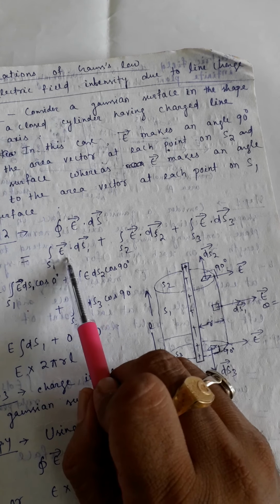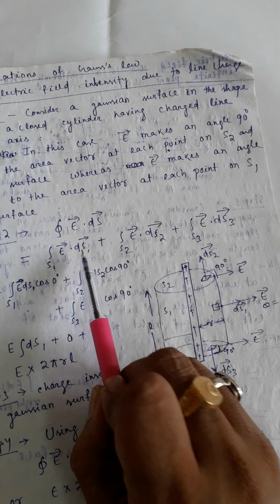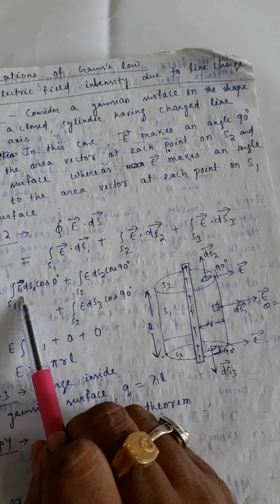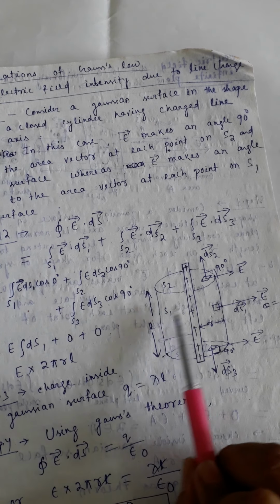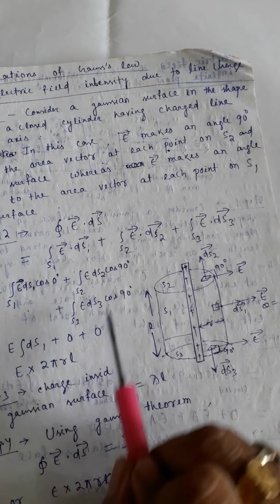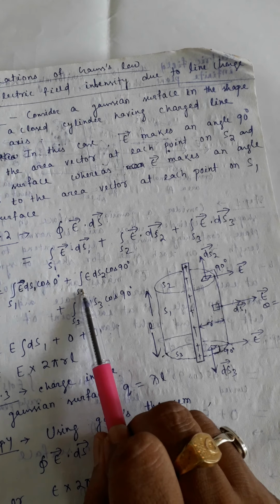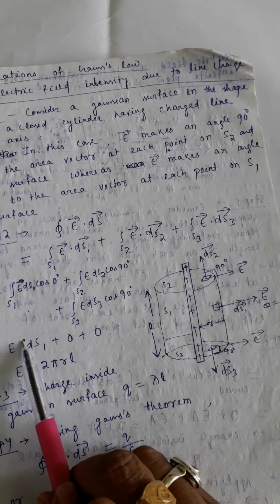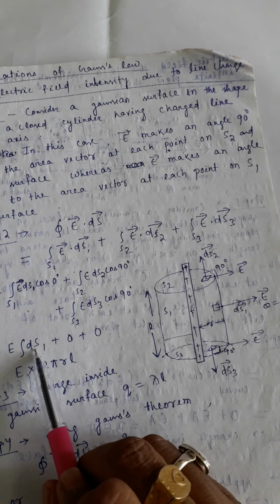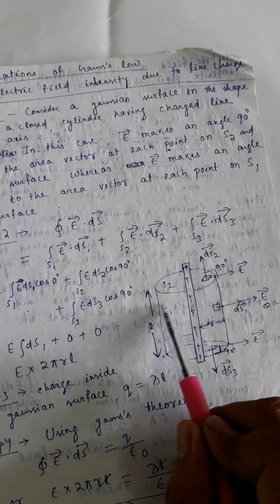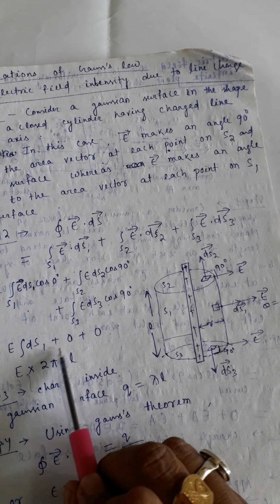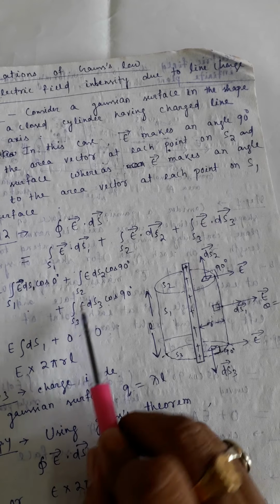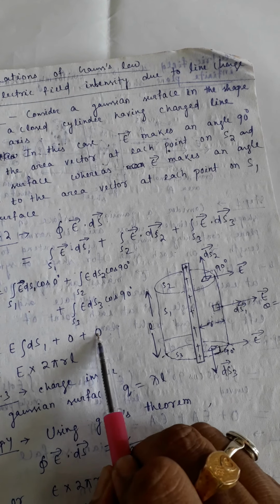The angle between E vector and ds vector in the case of the curved surface is 0, and this is 90 degrees and this is 90 degrees for the S2 and S3 surfaces. So it will be E integration of ds1, the surface is taken as 1, plus cos 90 is 0, so this is 0 and this is 0.